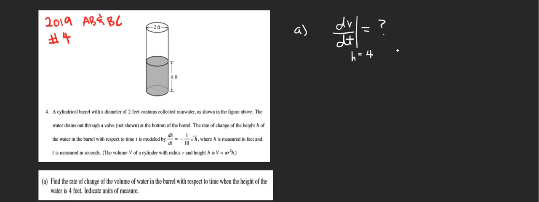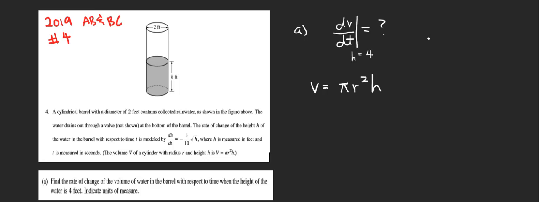Now, what is the volume of this cylinder? Well, the volume of the cylinder is V equals pi r squared h. When you look at the cylinder, what is changing? Well, the height is changing as the water decreases. What about the diameter?